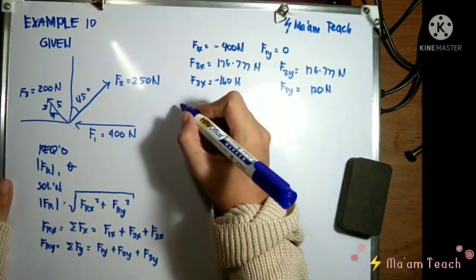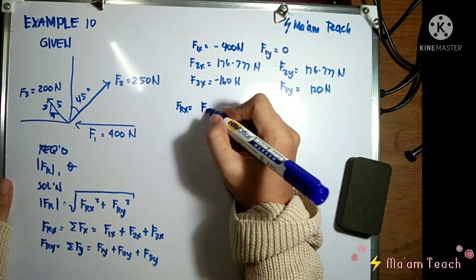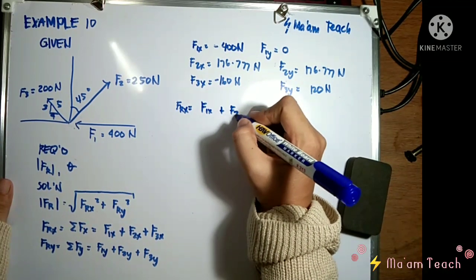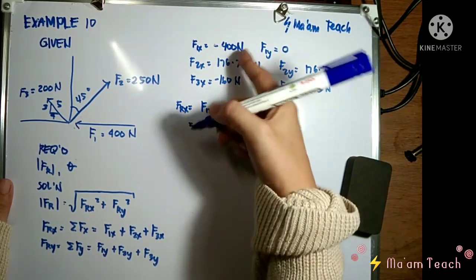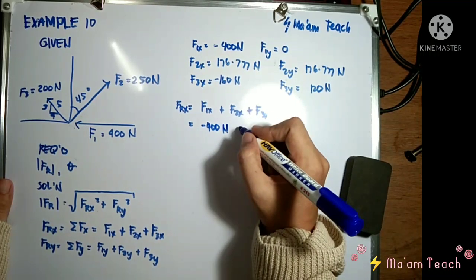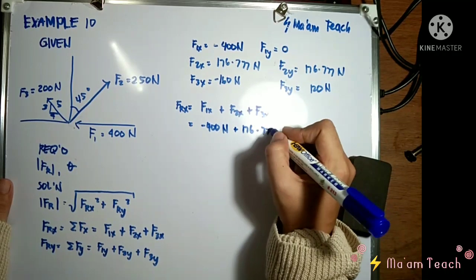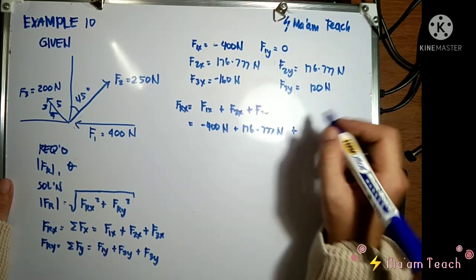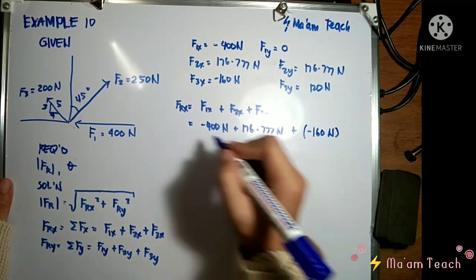Okay, so for our Frx, we will simply add each of the x component here. Okay, so substituting, we have negative 400 Newton. F sub 2 is 176.77. And your F sub 3 is negative 160 Newton.